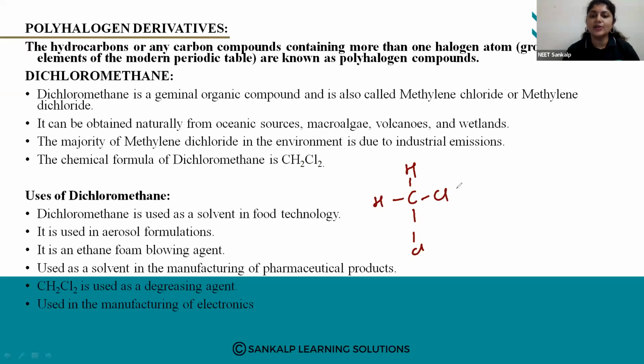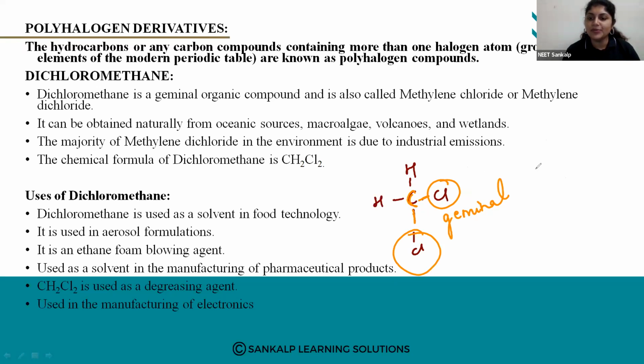So this is dichloromethane. You can see that the chlorine atoms are attached to the same carbon. When the chlorine atoms are attached to the same carbon, it is called a geminal halide or geminal compound. So this is a geminal carbon.